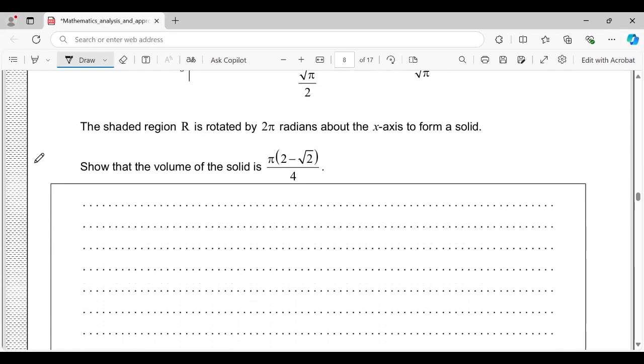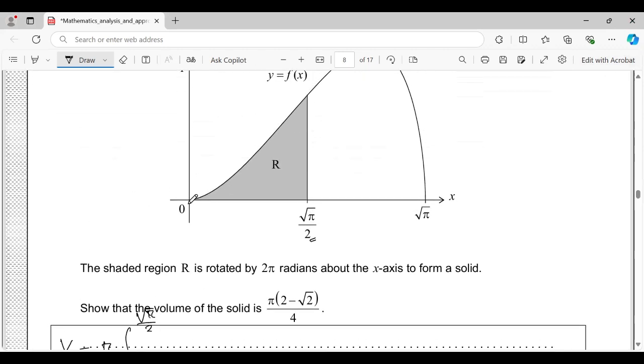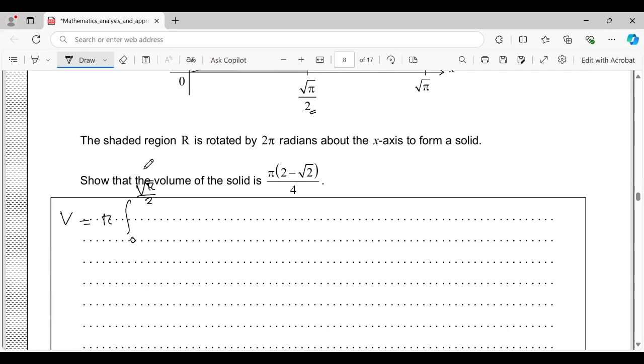If it's rotated on the x-axis, the volume equals pi times the integral from 0 to square root pi over 2 of the function f(x) squared dx, because it is rotated on the x-axis.